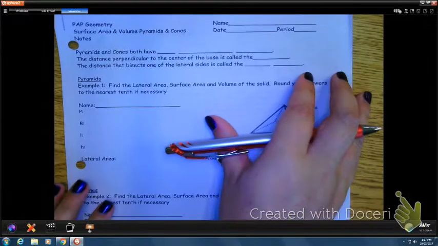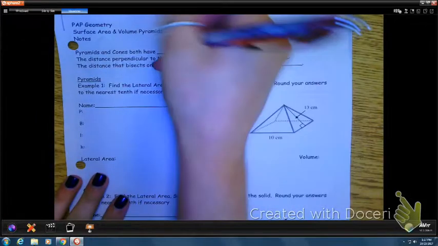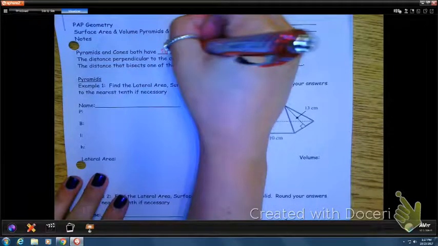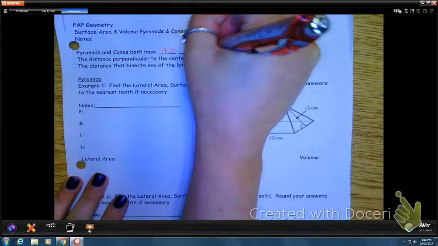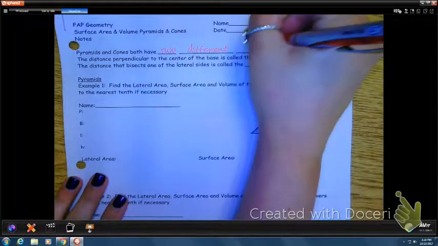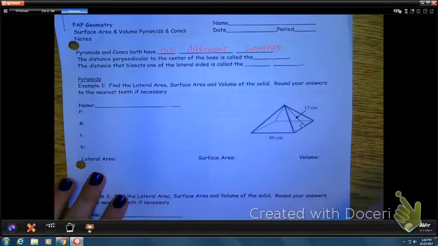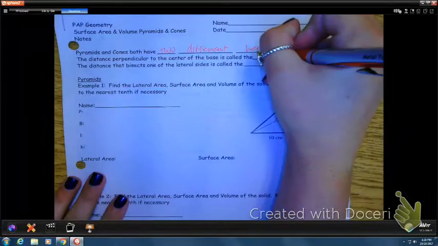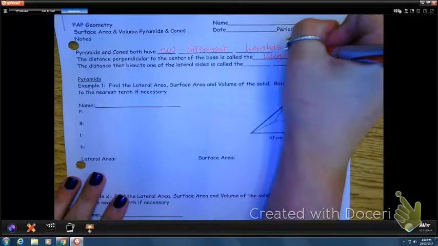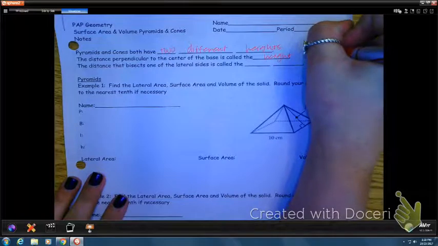Pyramids and cones both have two different heights. The distance perpendicular to the center of the base is called the height. And in your formula, the height is referred to as h.